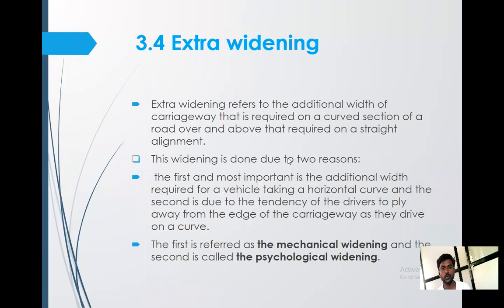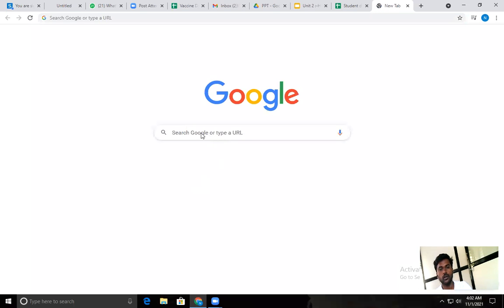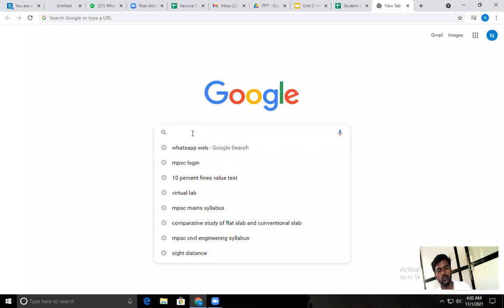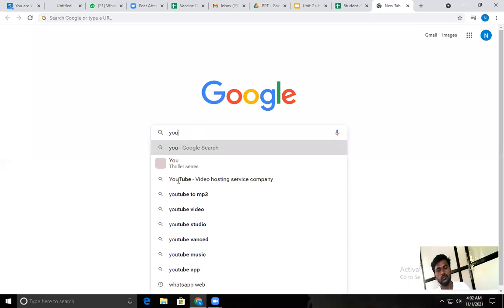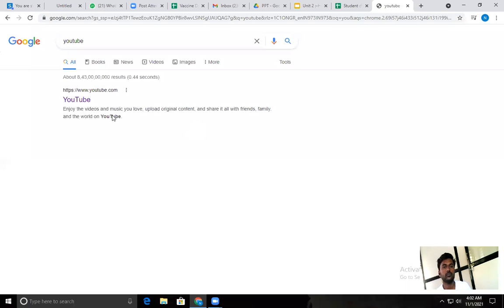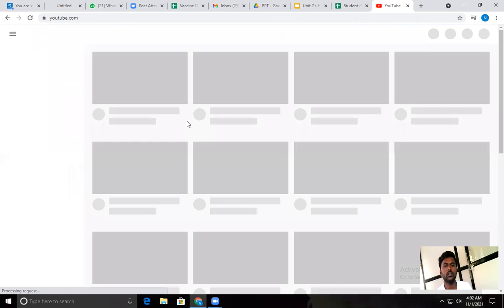Okay. So the next point is extra widening. This will be easily understood by video. I will show one video for that. You will get the picture, a clear idea about extra widening.